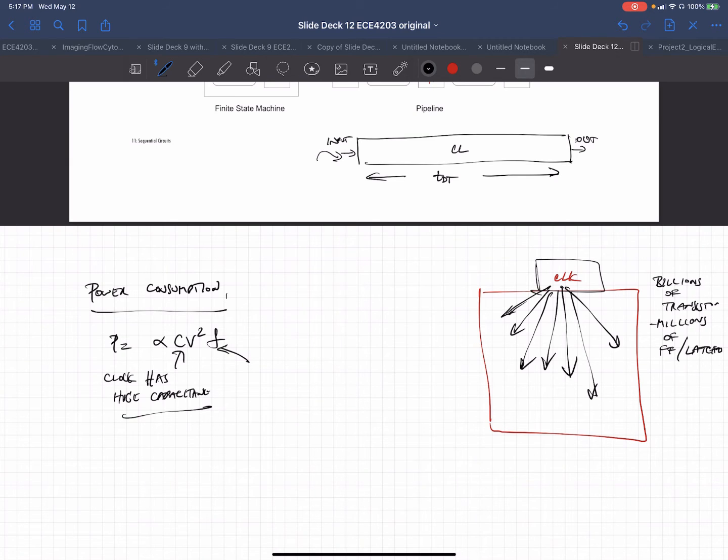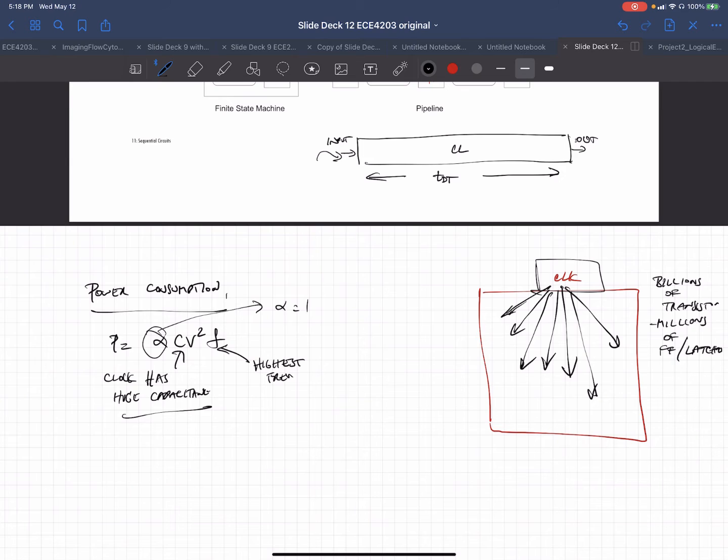It's running at the highest frequency in your circuit by definition. And it's by definition chugging along in every cycle, so its activity factor is also 1.